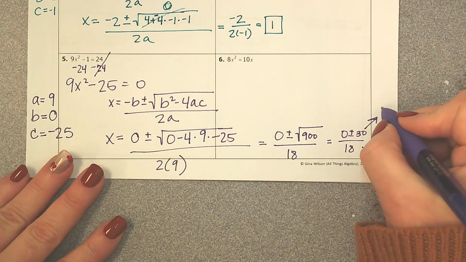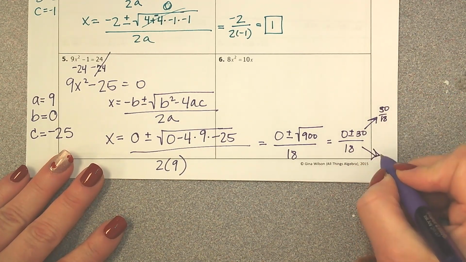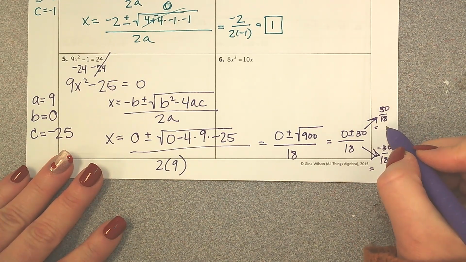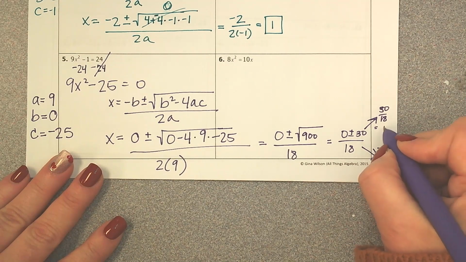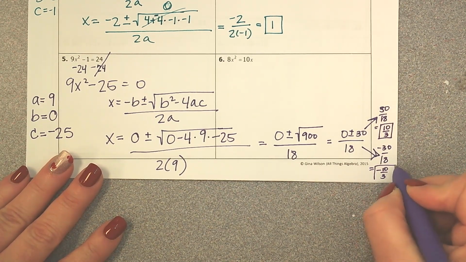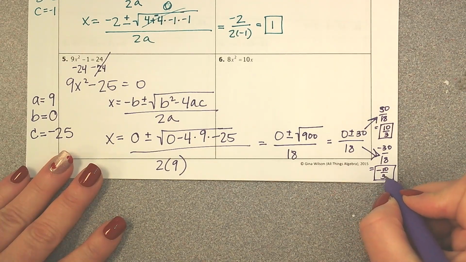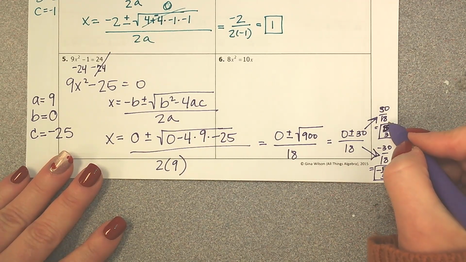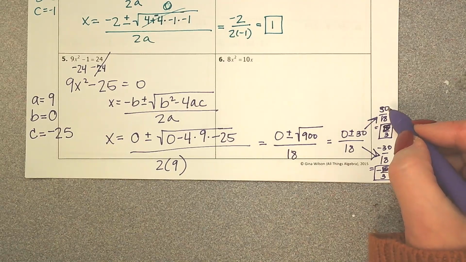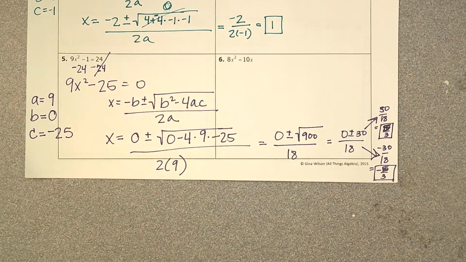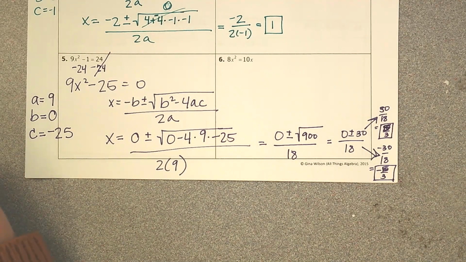What are they? 30 over 18, negative 30 over 18, and simplify. 10 thirds and negative 10 thirds. Or, did I do that right? 6 will go 5 times, my bad, 5 thirds. 6 goes 5 times and 3 times. 5 thirds and negative 5 thirds.